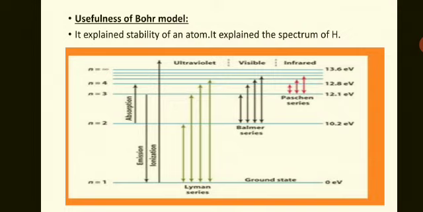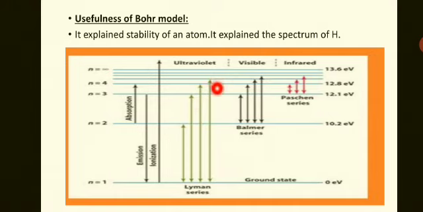So you can see the diagram. Different series are shown here. This region from n is equal to 1 to 3 is the emission region, and from n is equal to 2 to 4 it is the absorption region, and from n is equal to 1 to infinity, ionization also takes place, and different series are found in different regions.